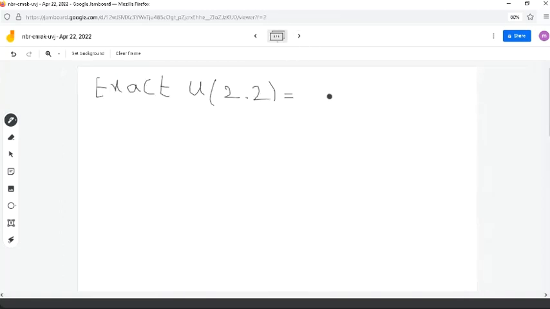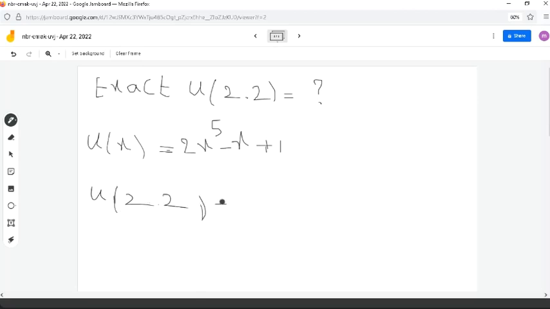Then for the exact solution, we use 2x^5 minus x plus 1. u(x) is equal to 2x^5 minus x plus 1. When we put x by 2.2, the exact solution of u at 2.2 is computed, and it's equal to 2 times 2.2 power 5 minus 2.2, okay, plus 1.